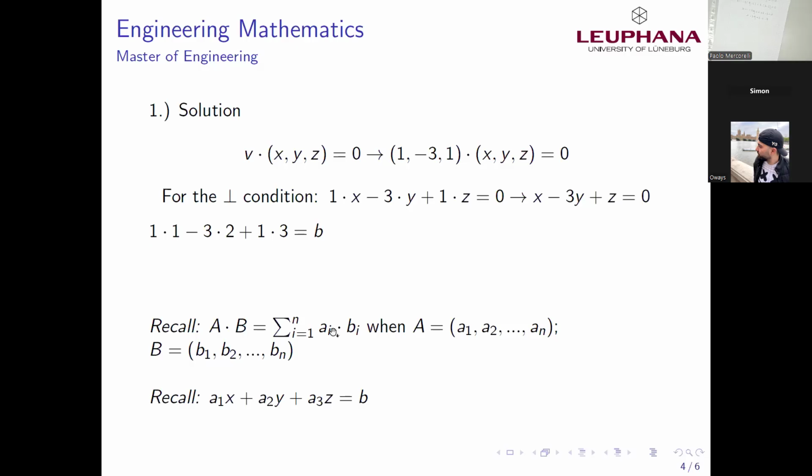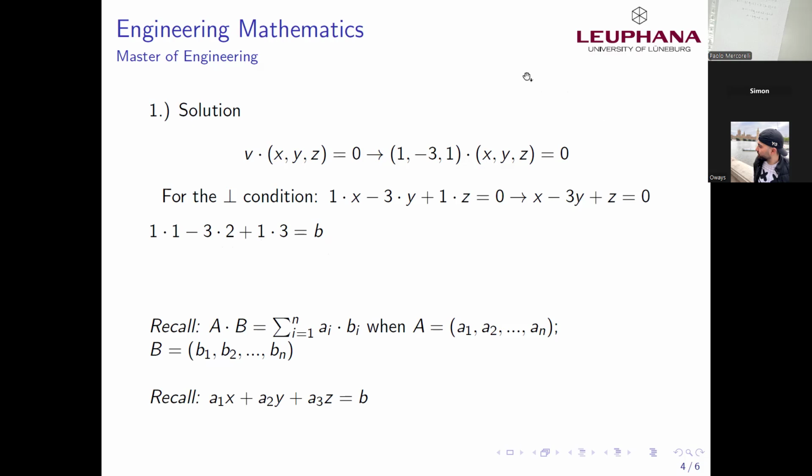No, it's the same. We have minus 6. But 1 minus 6 plus 2. What is the error here? What is B here? You're right. Here B is minus 2.